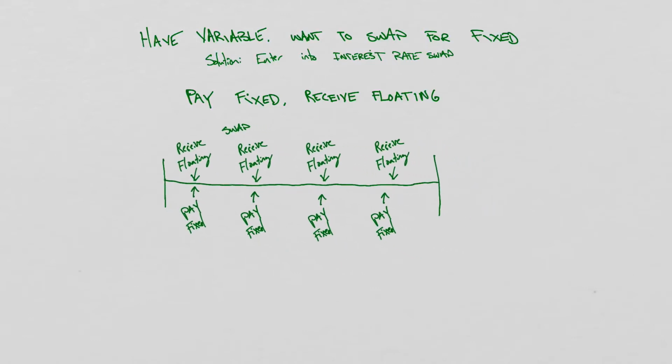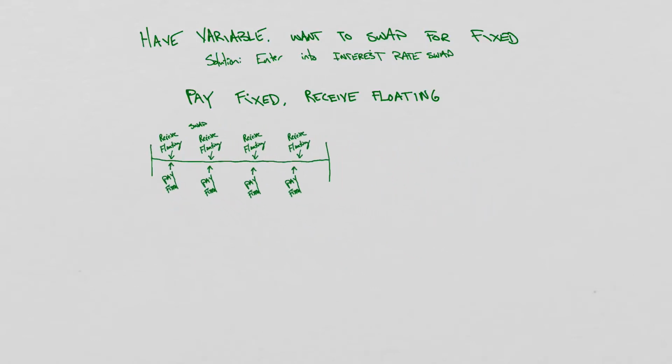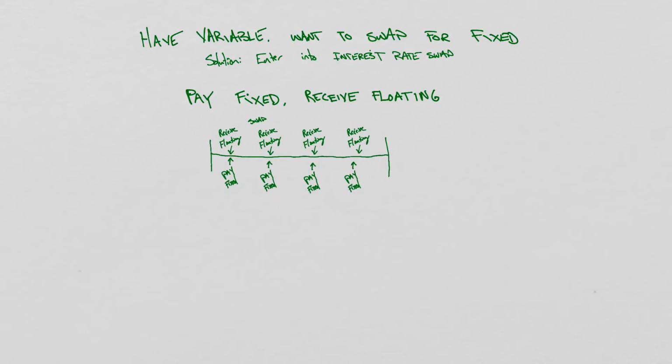And if this is the nature of the swap contract, the idea is that you structure it such that it mirrors your underlying bond payments. Your original bond contract in this example is for a finite duration, and you make sure that the duration of the swap and the duration of your bond match.